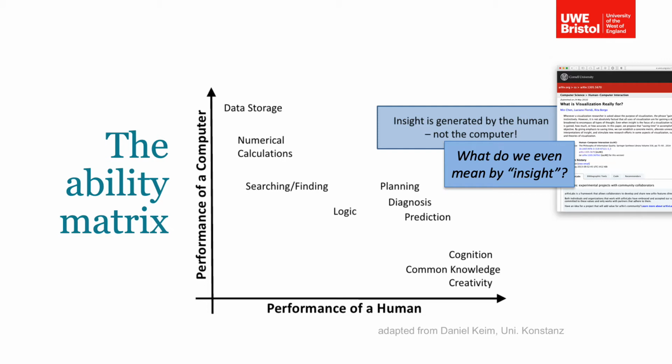Insight is something that is generated by a human, not a computer. So then, how does a computer system, e.g. a visual analytics tool, help to generate insight? Arguably, visualization and visual analytics are about saving time in a manner that supports cognition.